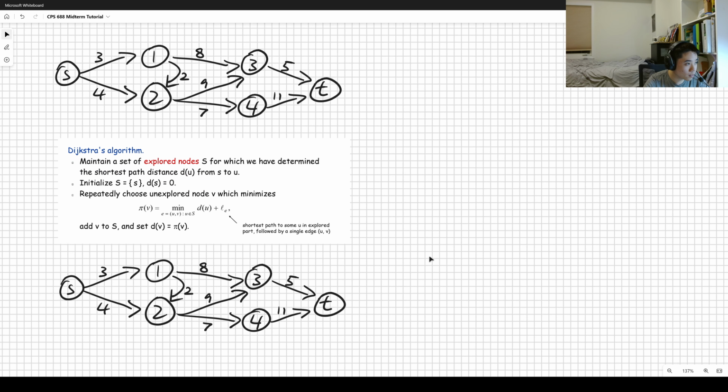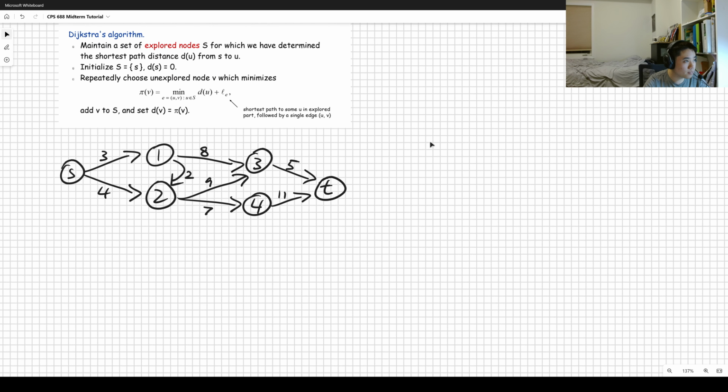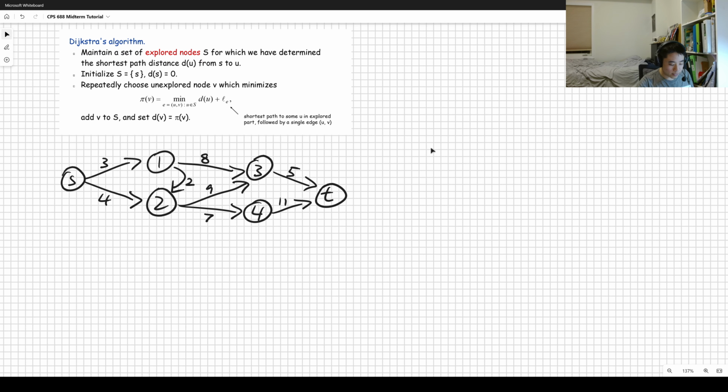So we're going to maintain S as our visited set. At first, it should be empty. And the way we're going to pick the next node after S is by using a priority queue.